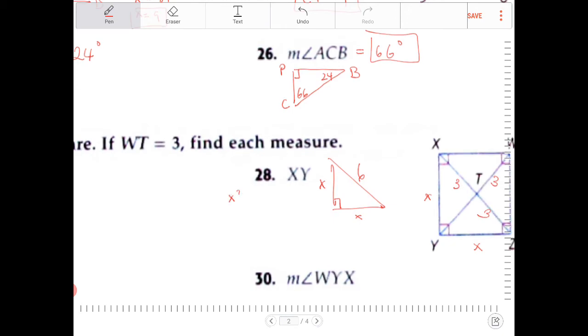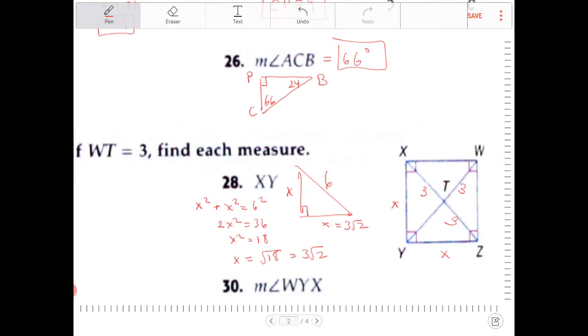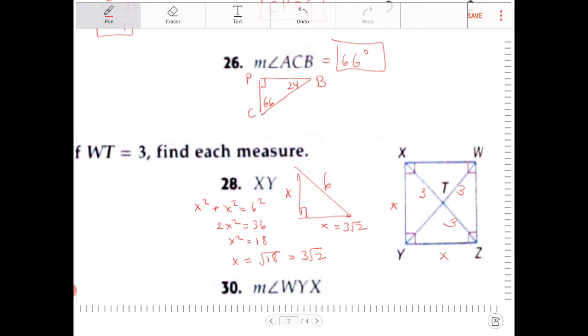So x squared plus x squared is equal to 6 squared. 2x squared is equal to 36. Divide by 2, x squared is equal to 18, so x is equal to the square root of 18. This is equal to 3 radical 2. So therefore, XY is equal to 3 radical 2.